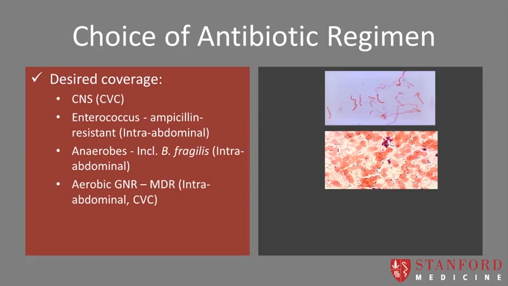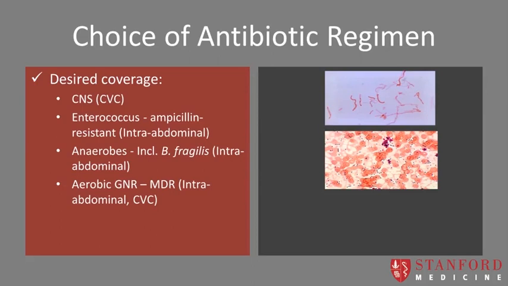given what our likely sources are, should include staphylococci, including especially coagulase-negative staphylococci because of the possibility of central venous catheter infection, enterococci because of the abdomen, and we would, given the fact that this infection occurred in a patient receiving ampicillin-sulbactam, we would assume that it was ampicillin resistant.